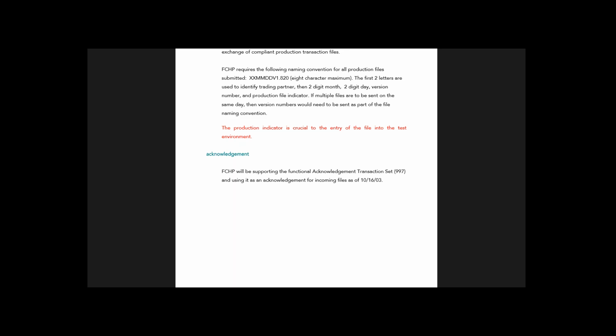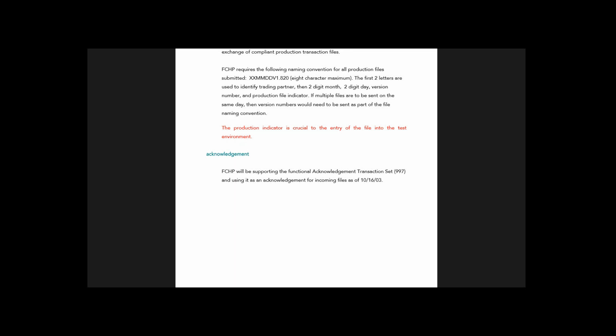Not only that, the 999 acknowledgement is not only for the claim. If you have submitted the 270 file, which is eligibility and benefit, you will have a 999 acknowledgement for that also. Remember, when we were discussing the implementation guide, we talked about specific predefined values. Those predefined values decide which transaction the acknowledgement is for.